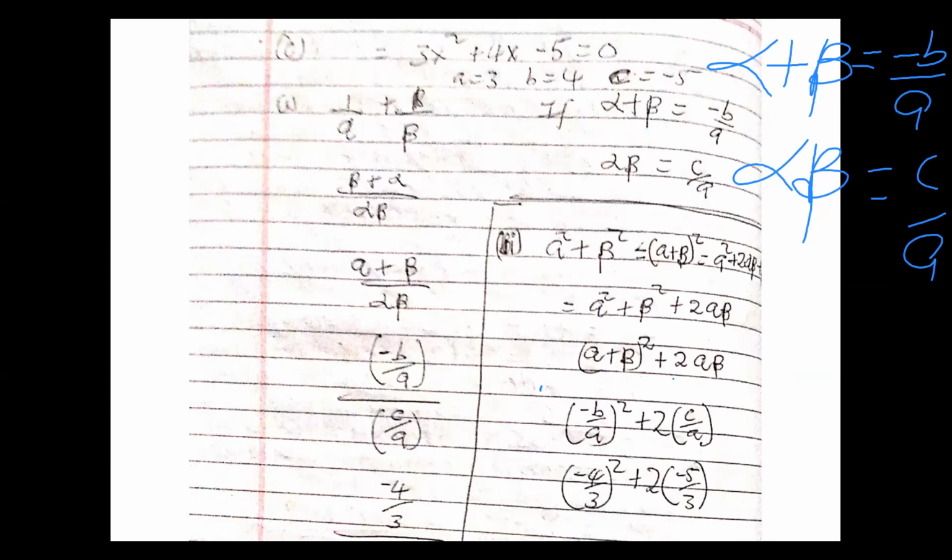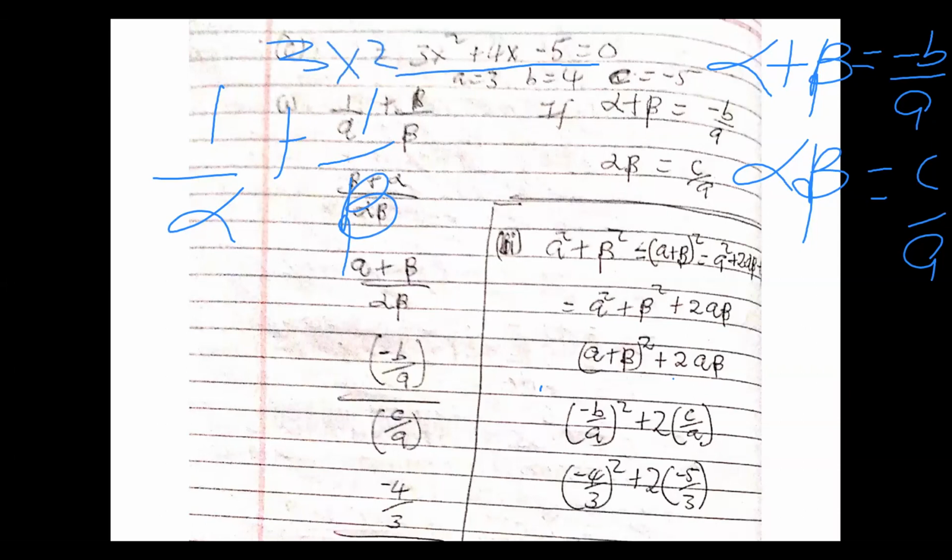So question number 1 was saying 1 over alpha plus 1 over beta. How do we solve this? Number 1, from the equation that you are given, the equation is 3x squared plus 4x minus 5 equal to 0.